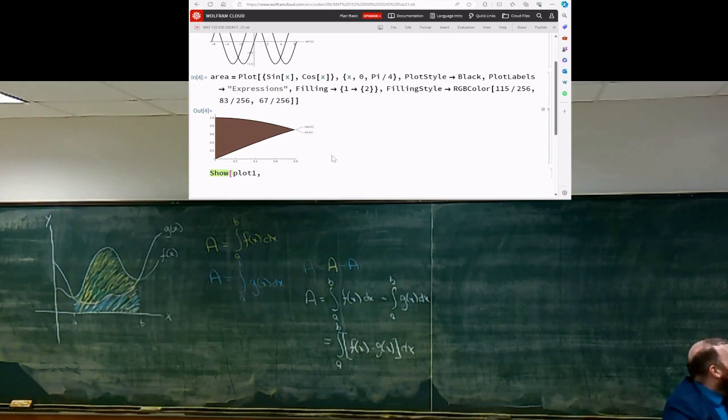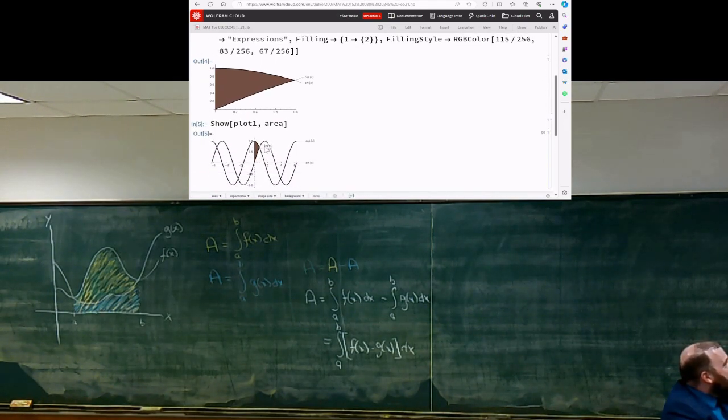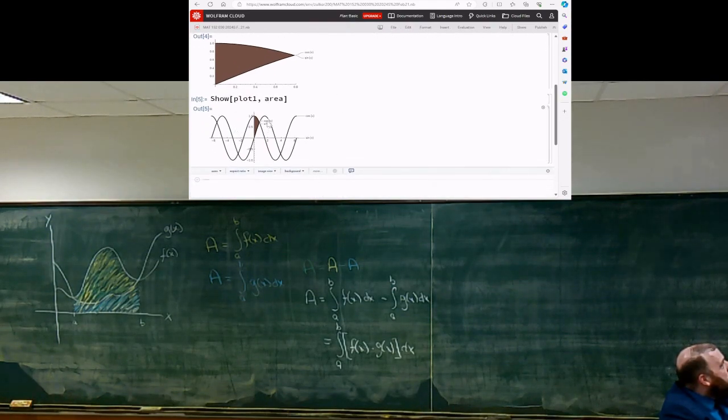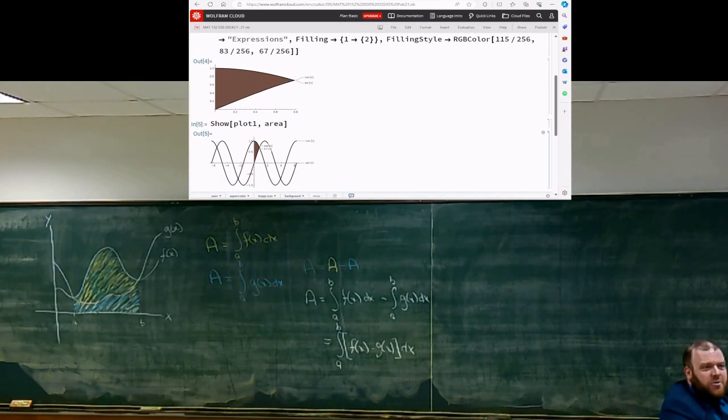So I want to show plot area on plot 1, so I do plot 1 first and then area. And that's what I thought. It's going to show that label twice, so I would just come up here and delete the plot labels so that these disappear, and show it without that. Either way, this now shows the area that we're trying to find. So you can do a lot of cool things with Mathematica.